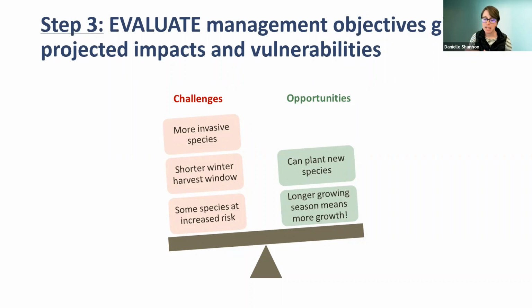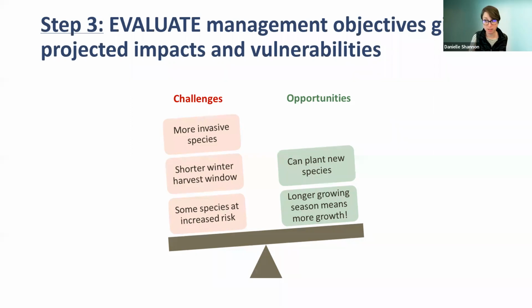And so in the case that I have here on the slide, this is sort of thinking about how climate change presents added challenges based on our current management style. So you might think, well, I'm going to have even more invasive species, a shorter window for harvesting, and probably more of the species that are on my site will be at risk. Bummer.